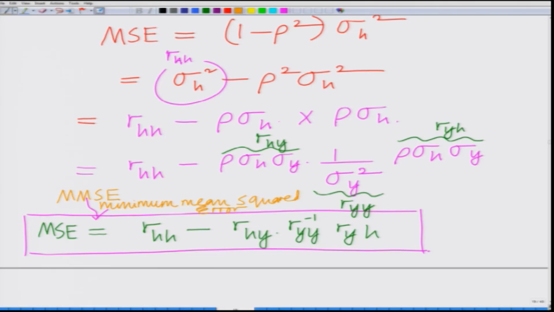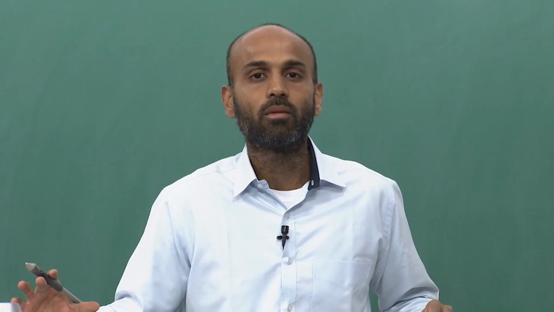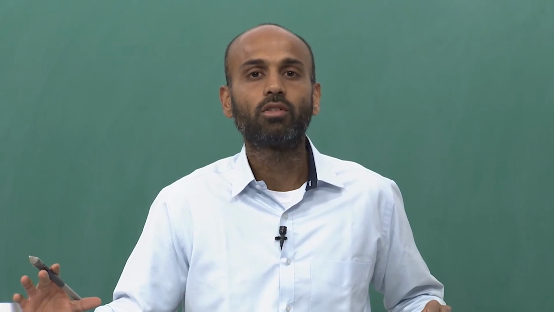Okay. So, that basically completes this derivation, where we have started with jointly Gaussian random variables h and y, where h is the random parameter and y is the random observation. We have considered them to be jointly Gaussian in nature.